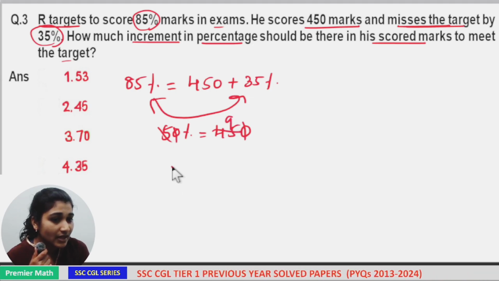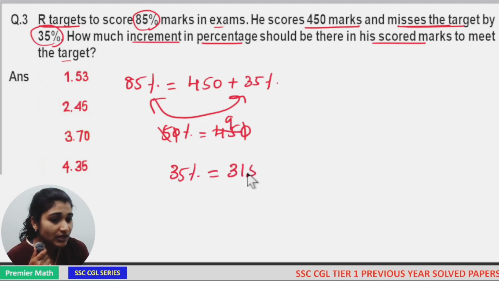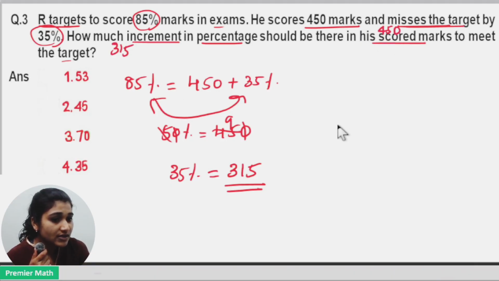1% is 9, which means the extra marks he needed, 35%, is equal to 9 into 35. 9 into 30 is 270, 9 into 5 is 45. 270 plus 45 is equal to 315 marks. That is, he needed to score an extra 315 marks and he only scored 450 marks. So our question is, here he scored 450 marks.